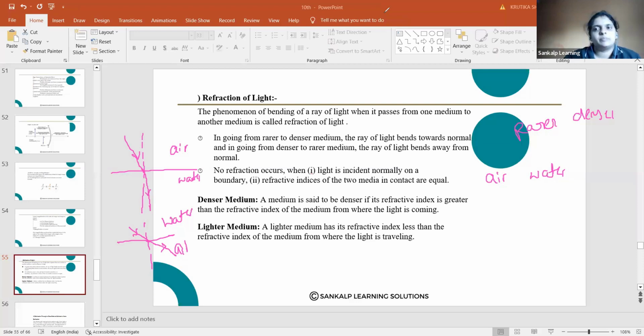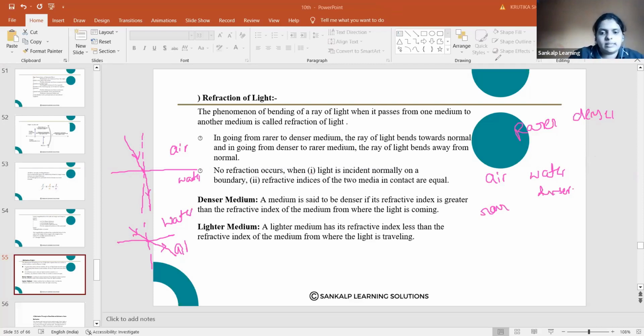See, here the two media you are seeing are the air and the water medium. For air medium, the density will be less. So air is a rarer medium and water is a denser medium.